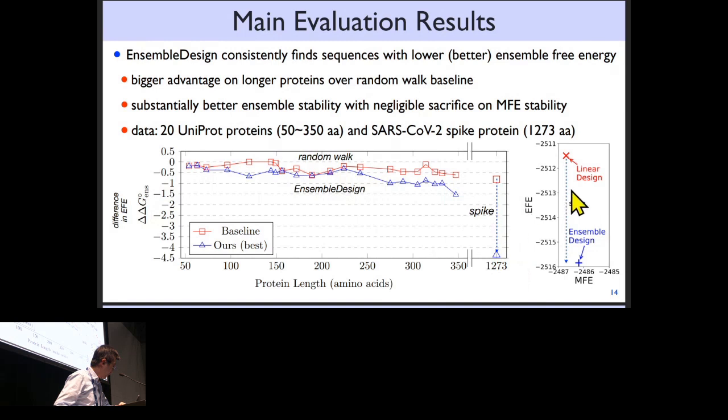And we also look at, for example, the spike protein of SARS-CoV-2. The x-axis is MFE, the y-axis EFE. It achieves better EFE, but with the price of only slightly worse MFE, because these two objectives are very much in sync, very much correlated, but at the end of the day, you have to sacrifice MFE a little bit, but you get much better EFE.